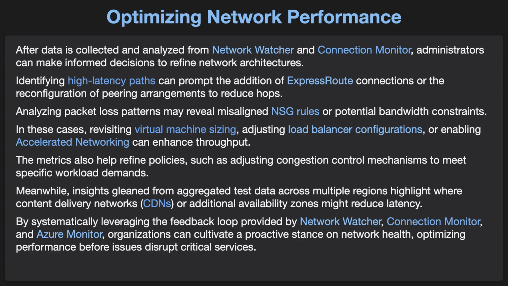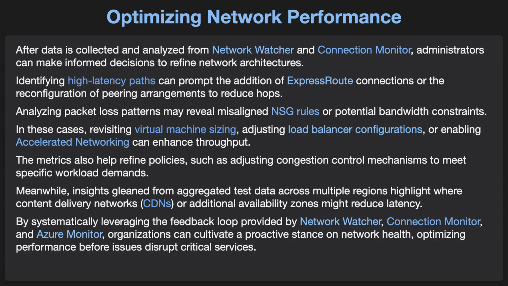Analyzing packet loss patterns may reveal misaligned NSG rules or potential bandwidth constraints. In these cases, revisiting virtual machine sizing, adjusting load balancer configurations, or enabling accelerated networking can enhance throughput. The metrics also help refine policies, such as adjusting congestion control mechanisms to meet specific workload demands.